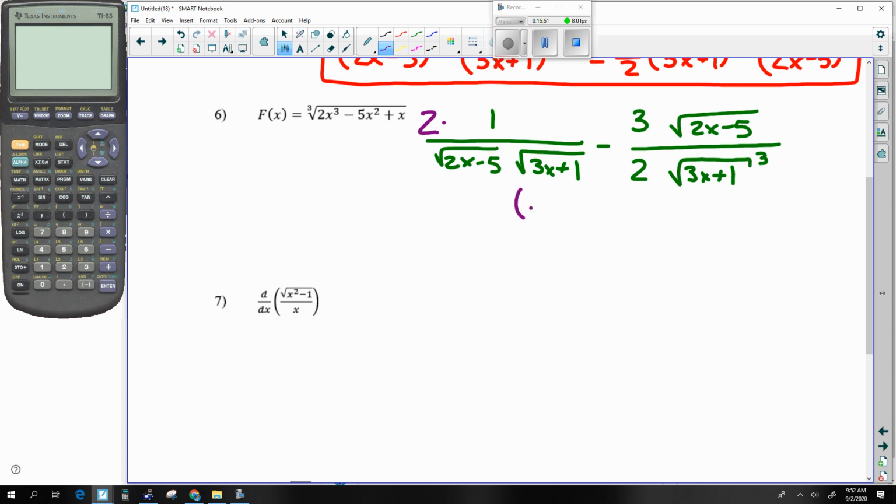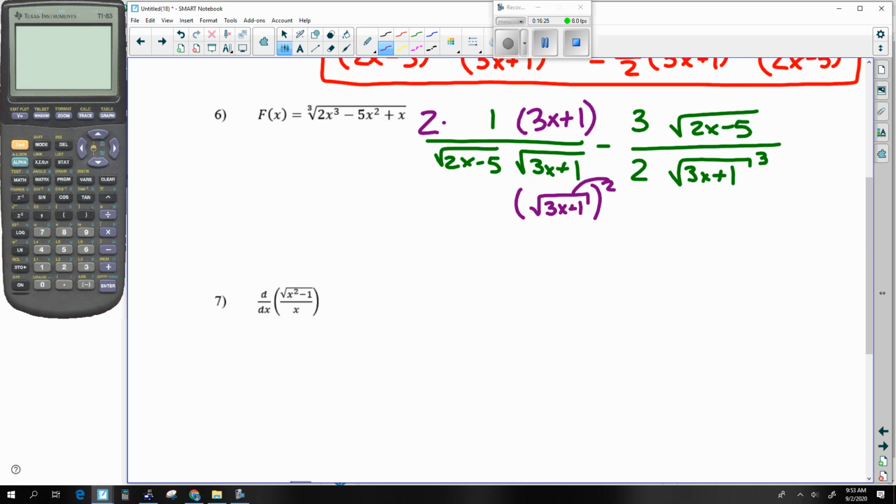So here's why I wrote it as a root. So yes, this needs a square root of 3x plus 1, but it needs 2 of them, so it can be a square root to the third power. So notice what a square root squared is just the inside. So this gets a 3x plus 1 outright, no roots involved. Okay, that's what the left-hand side needs.